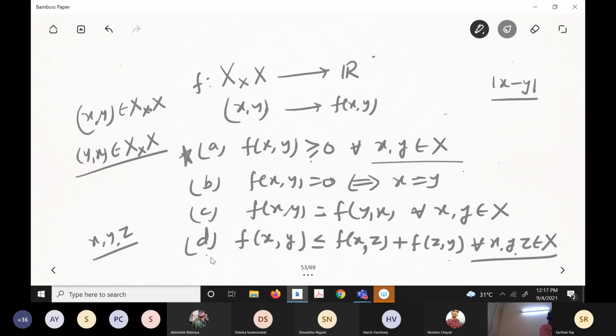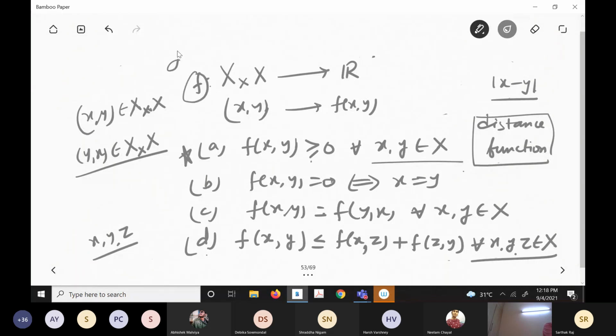But usually you don't write f. I am telling you f is called a distance function. So instead of f, we prefer d.